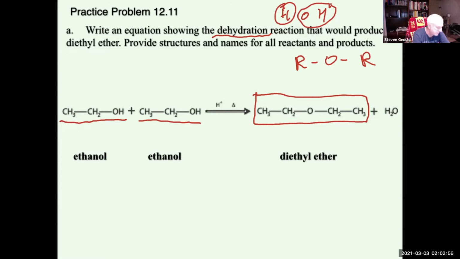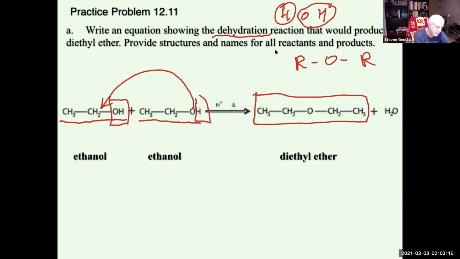So it tells you it's a dehydration reaction. It means you're removing an OH from one and an H from the other. So this one, we're removing OH. This, we're going to remove the H, and we're going to connect right where that came from.